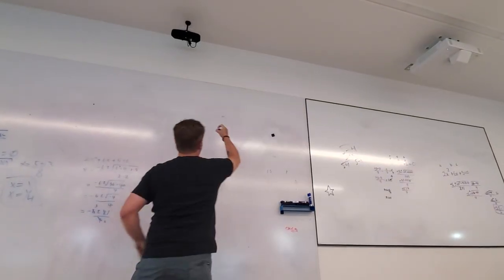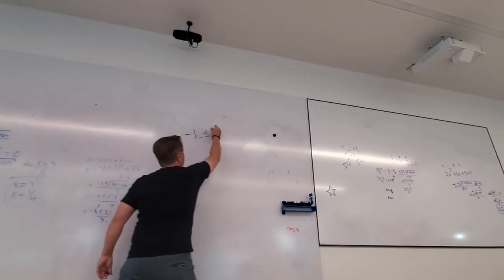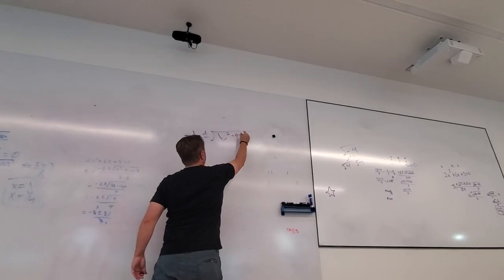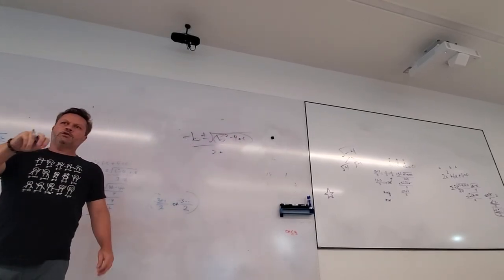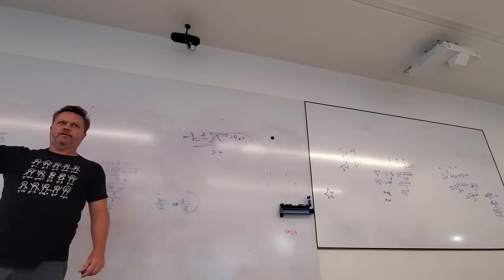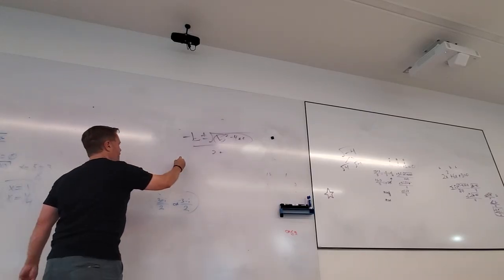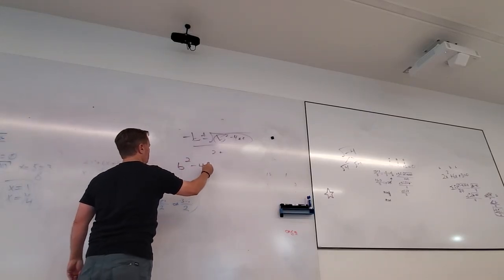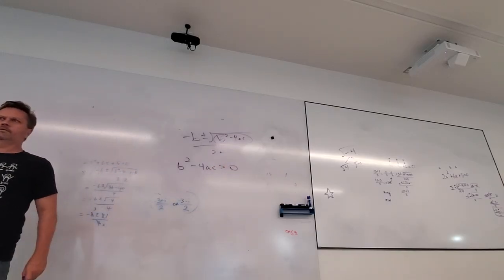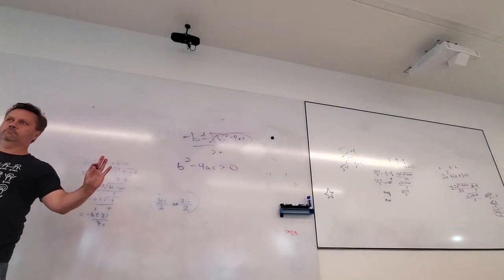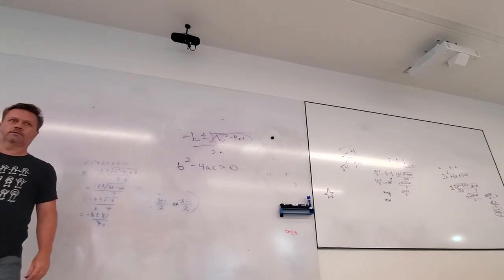This piece right here, if you just analyze the output for that, if this is positive, what kind of answers will you get? Real. You'll get two real answers, yes?